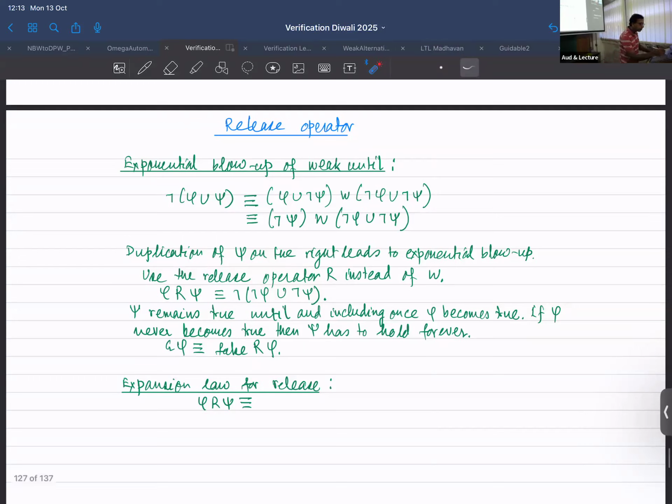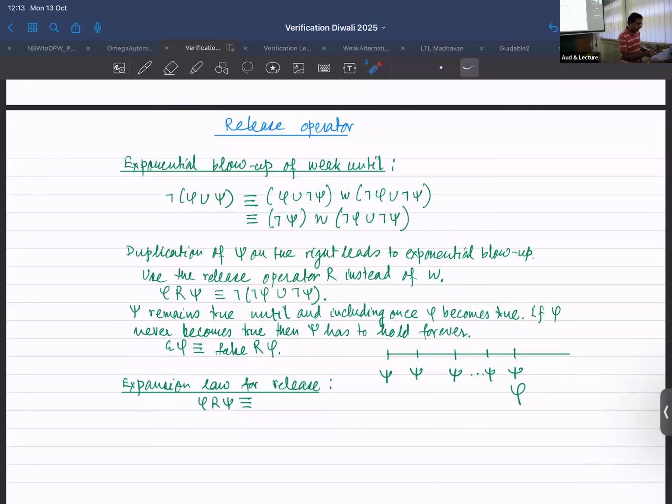So what it essentially means is that suppose you have such a computation where psi is holding, and then at some point of time phi also holds true. Now, given that phi holds true here, it releases the psi. So it's no longer necessary that psi has to hold true. That is the idea.